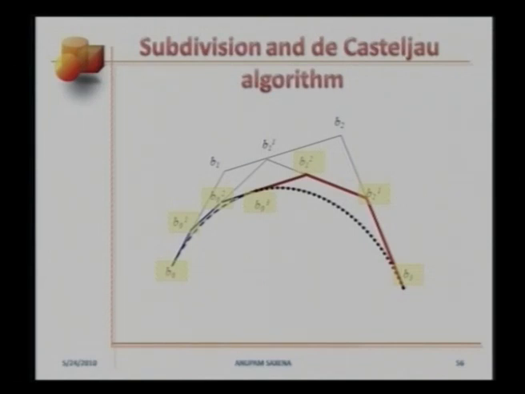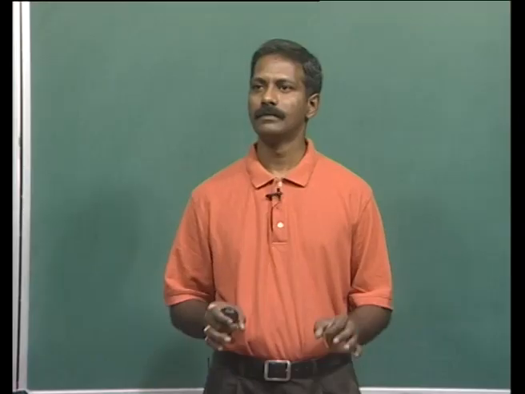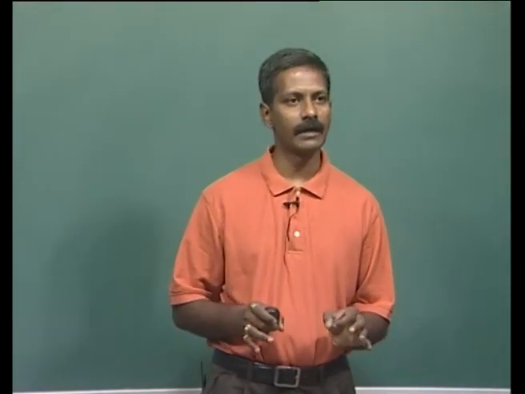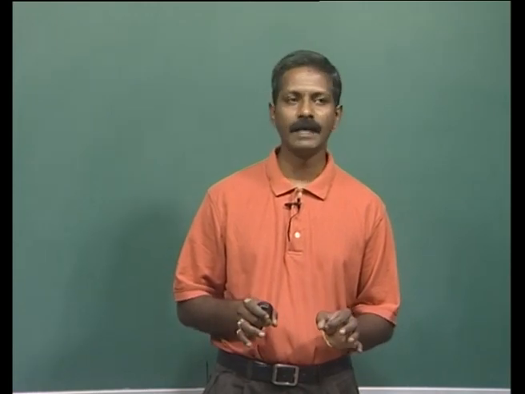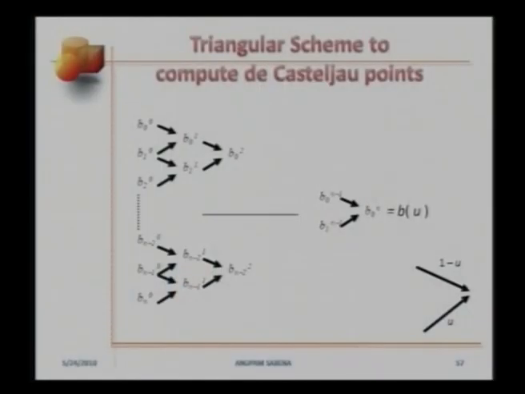The points in this slide which are shown highlighted, they corresponded to two different control polylines that defined two different Bezier segments. If you take a look at the inverted triangular scheme, the top edge comprises the points on the first Bezier segment, while the bottom edge comprises the points on the second subdivided Bezier segment in the subdivision approach.